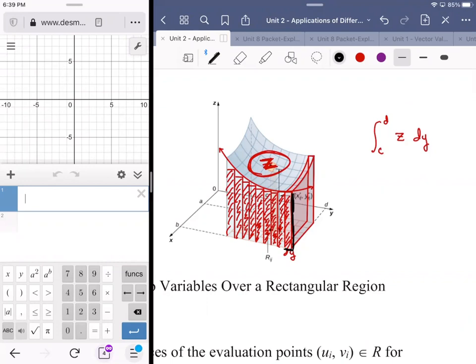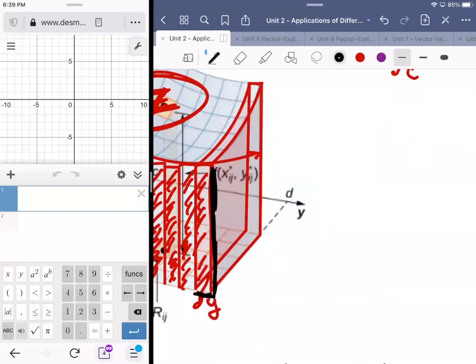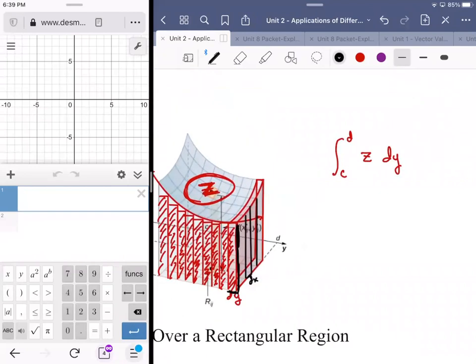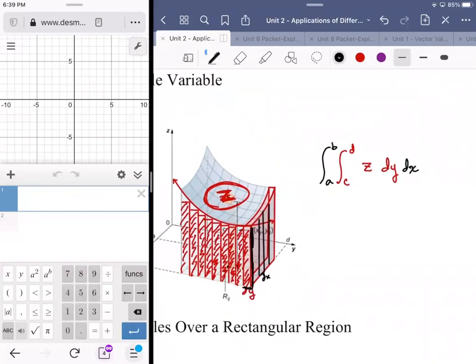Each one of these little distances represents a dx, spanning the distance from a to b. And that's the idea behind the volume.